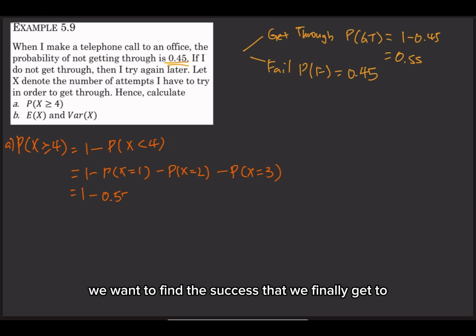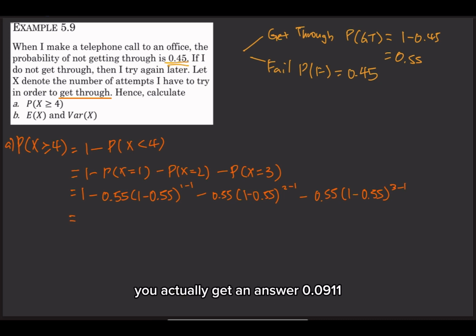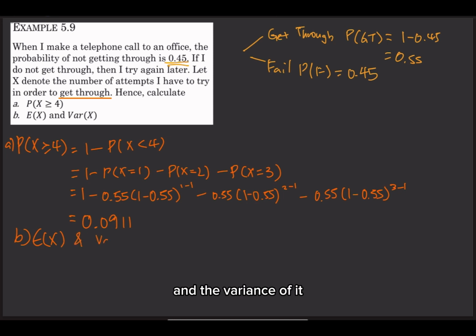We want to find the success that we finally get through. The probability they gave us, 0.45, is of not getting through, so we make sure we choose 0.55. So we have 1 minus 0.55 times (1 minus 0.55) to the power of 1 minus 1, minus 0.55 times (1 minus 0.55) to the power of 2 minus 1, minus 0.55 times (1 minus 0.55) to the power of 3 minus 1. After you calculate, you get the answer 0.0911.